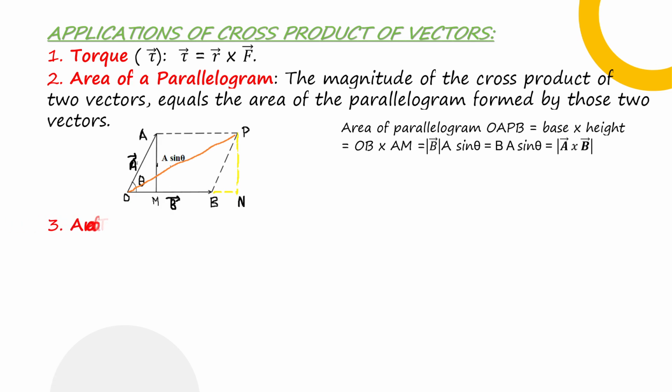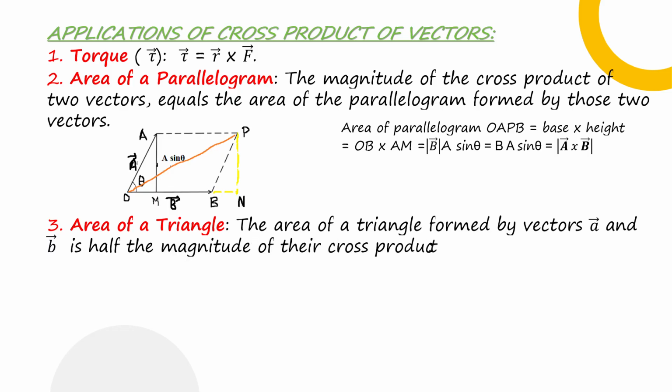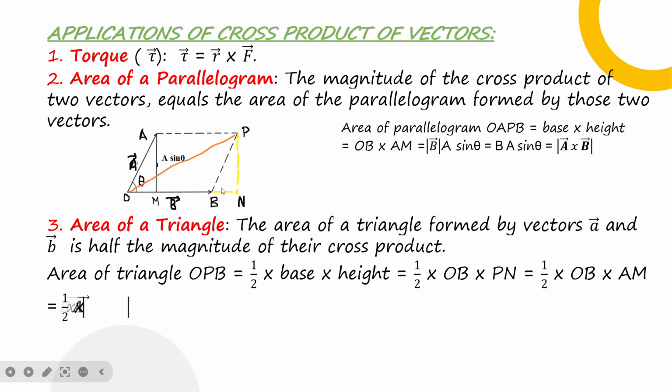The same concept we can use to find the area of a triangle. The area of the triangle formed by vector A and vector B is half the magnitude of their cross product. Similarly, the area of triangle OPB is equal to half of OB into PN, and PN is equal to AM.